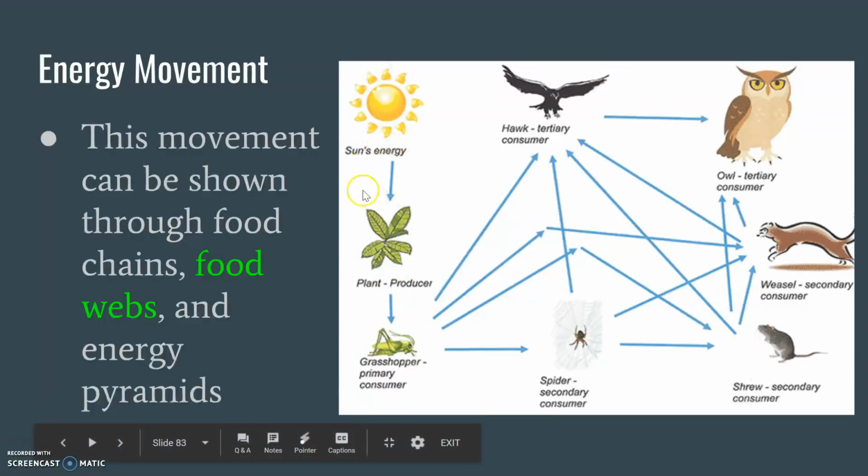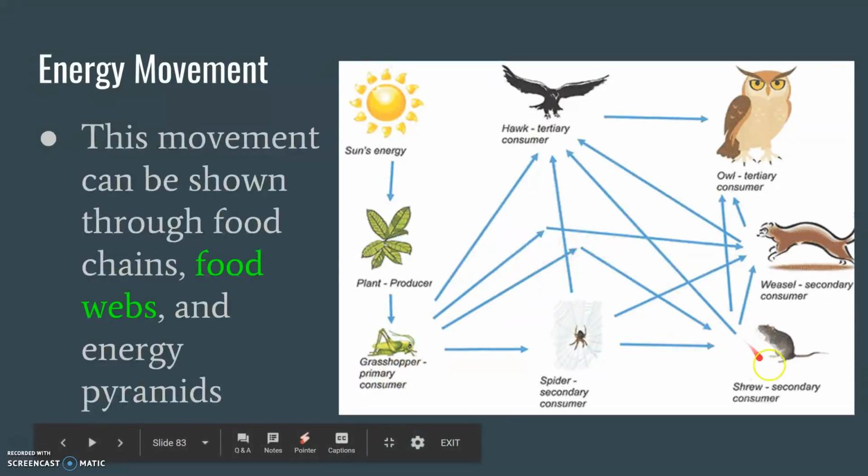So what's happening is, I'm switching to the laser, anytime you see an arrow, it is pointing into the stomach of where it's going. So the sunlight is going into the plant's stomach. I know plants don't have stomachs, but play along. The plant, the producer, is going into the grasshopper's stomach. This grasshopper can go into the hawk's stomach. It can go into the weasel's stomach.